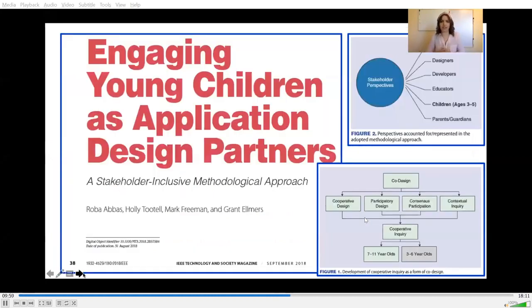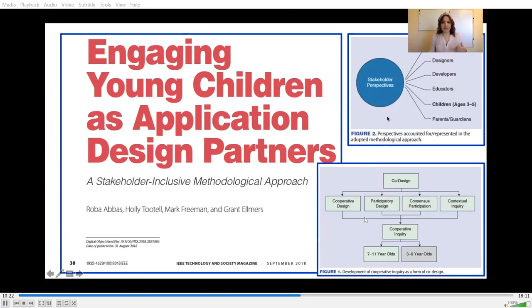But the example that I'd like to highlight in order to demonstrate this complexity that is inherent in co-design processes is this specific example, which is part of work that we conducted as part of a University of Wollongong Global Challenges project that involved a co-design partnership with children in a stakeholder-inclusive methodological and socio-technical manner.